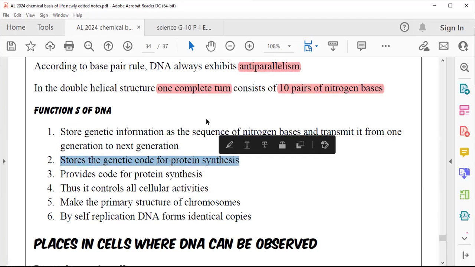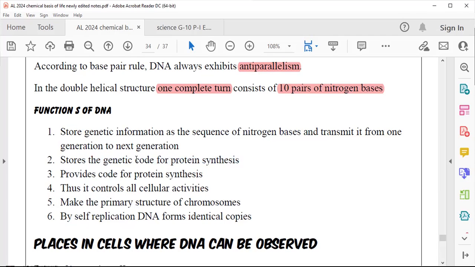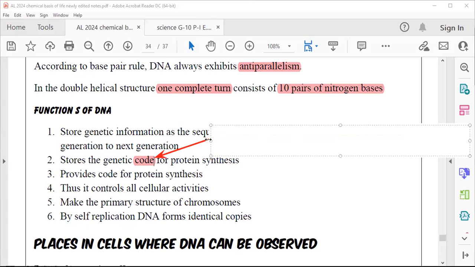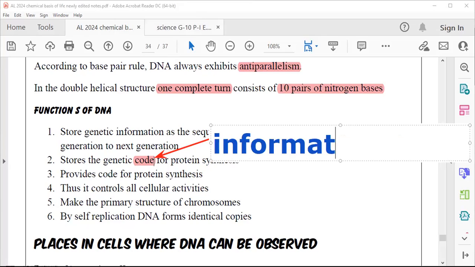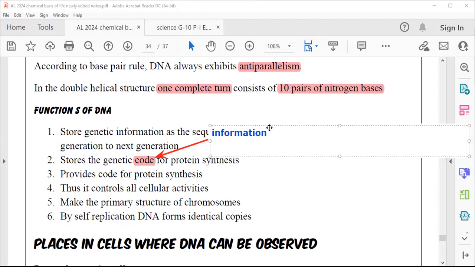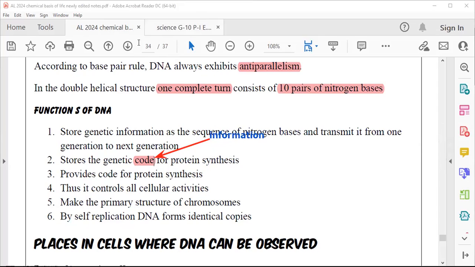What is the second function? Stores the genetic code for protein synthesis. Code is okay, it's not a wrong word, but you convert it to genetic information: stores genetic information for protein synthesis.